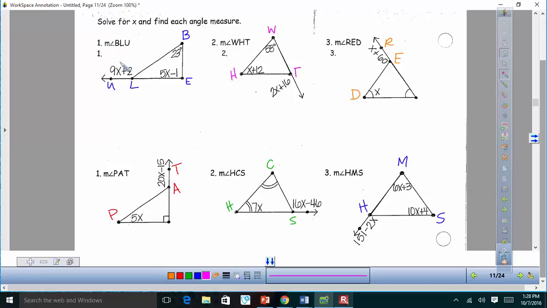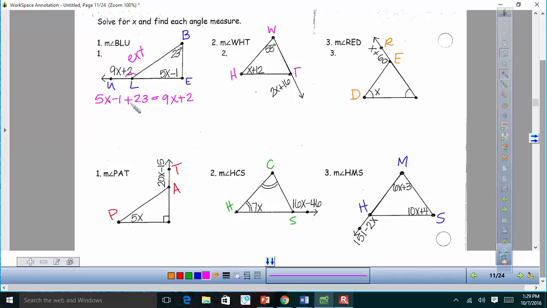Okay, so let's look at number 1 right here. They want us to find BLU. Which angle is BLU here? The exterior. So how would I set this up? Very good. 5x minus 1 plus 23, remote plus remote, equals the exterior angle, which is 9x plus 2.